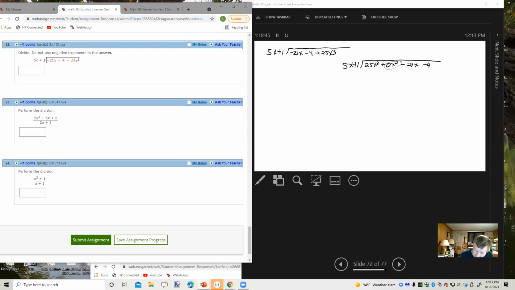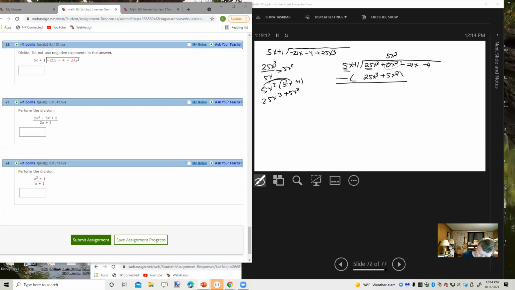Okay, so leading term inside divided by leading term outside. 25x cubed divided by 5x is 5x squared. 5x squared times 5x plus 1 is 25x cubed plus 5x squared.